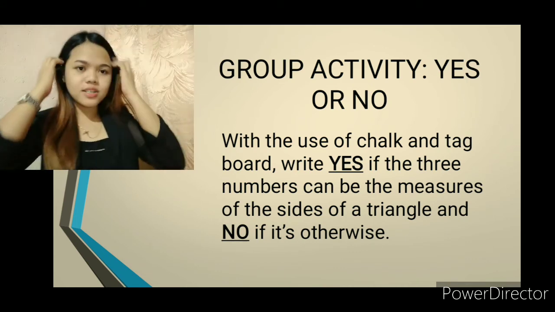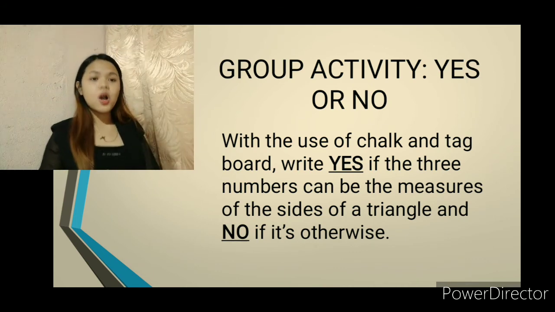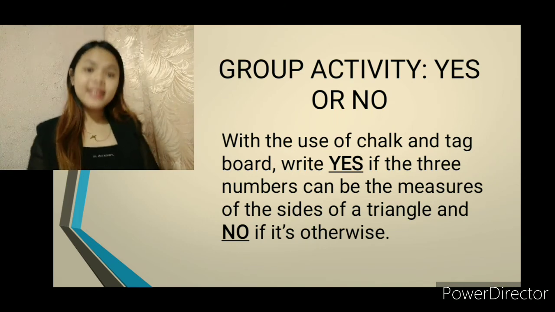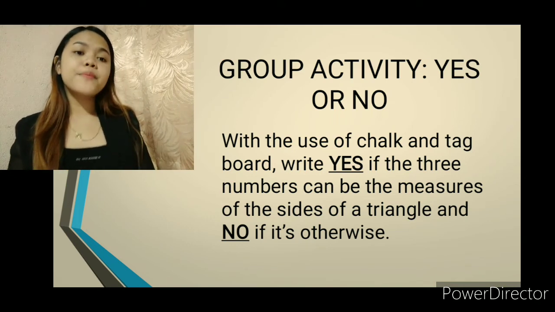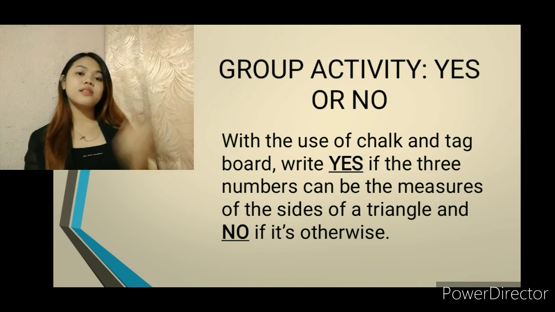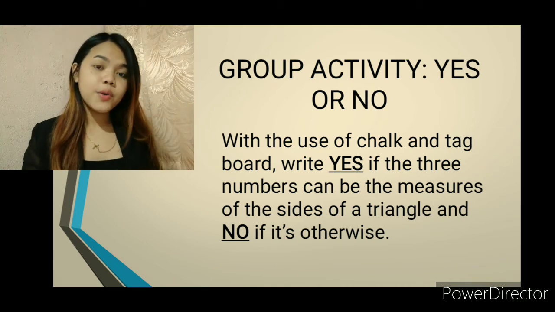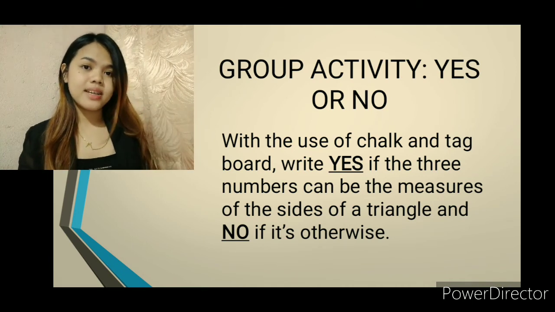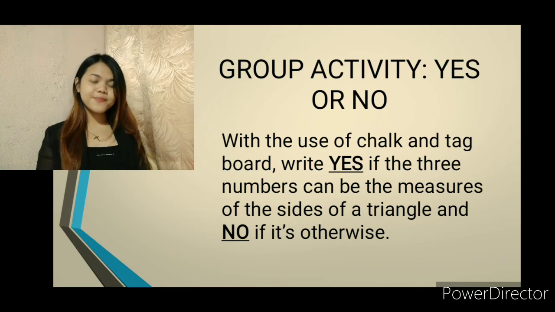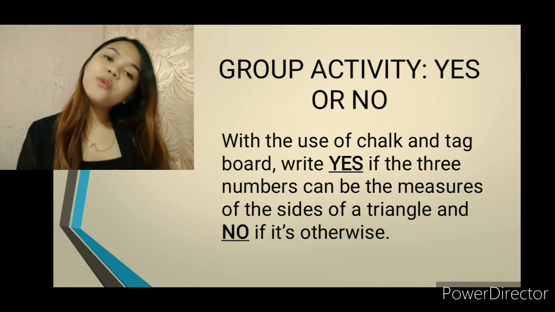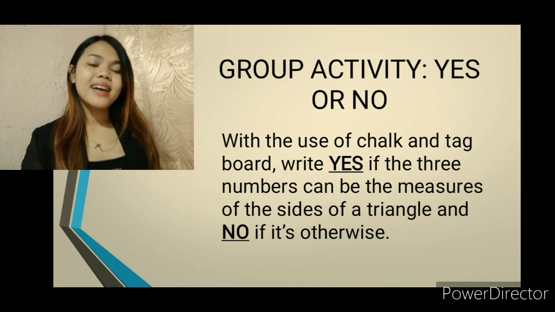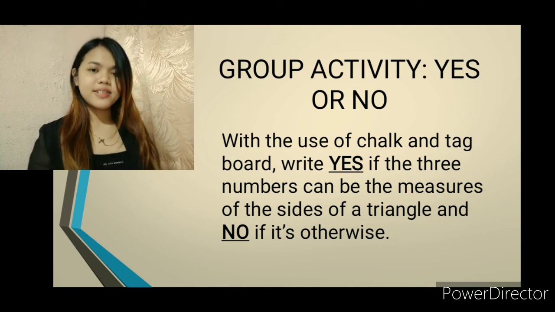Now we'll proceed to the group activity, a yes or no activity. For the instructions, with the use of chalk and tagboard, write yes if the three numbers can be the measures of the sides of a triangle, and no if otherwise. Is that clear? You will only be given 10 seconds to answer.